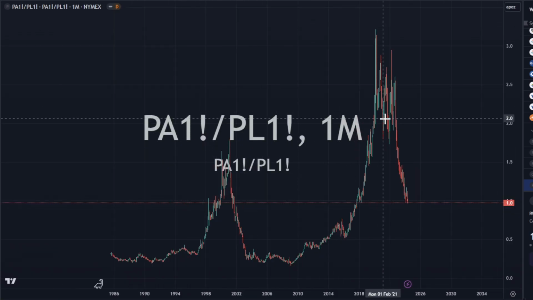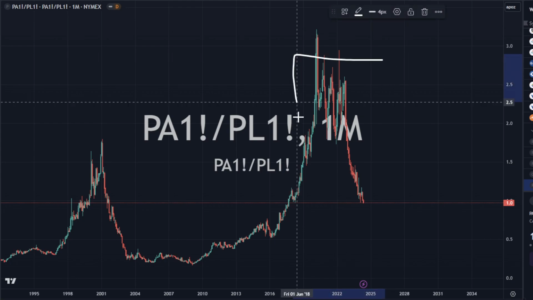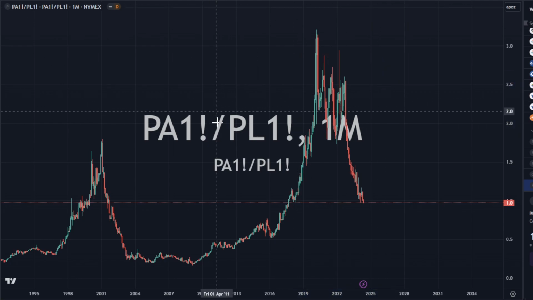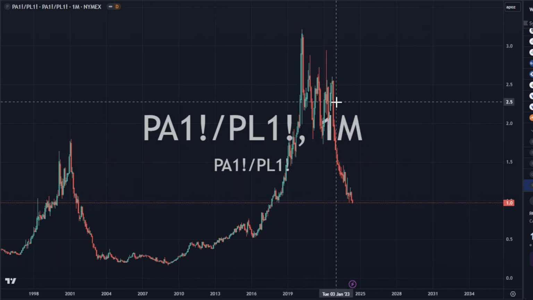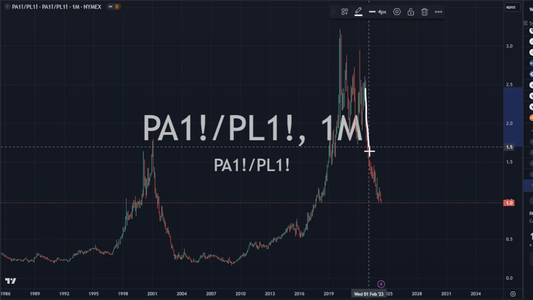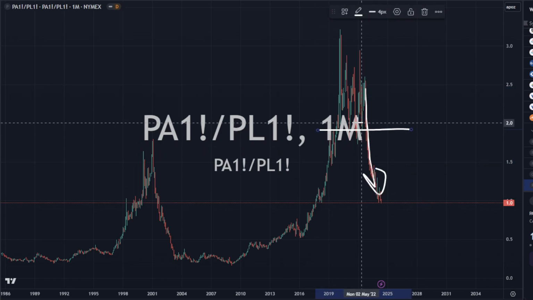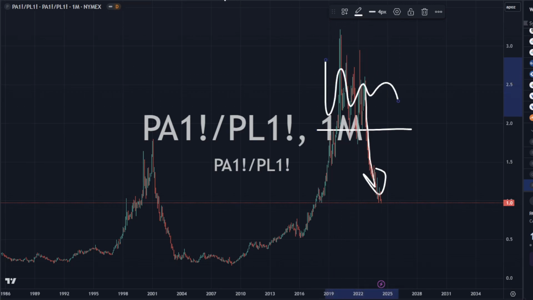We can look at palladium versus platinum. And again, we're seeing this distribution at the top here where palladium was becoming unfavorable and platinum is becoming more favorable. And then platinum broke out against palladium here. So this is a topping pattern here.